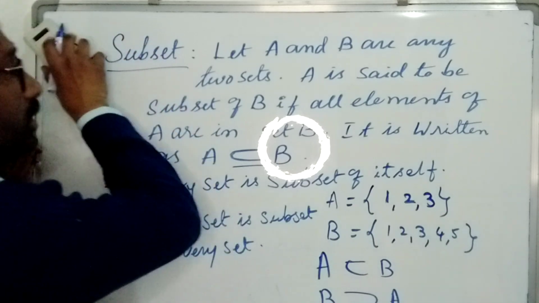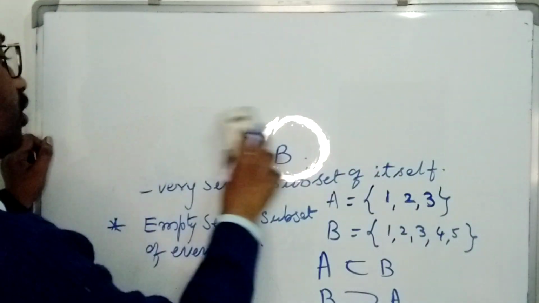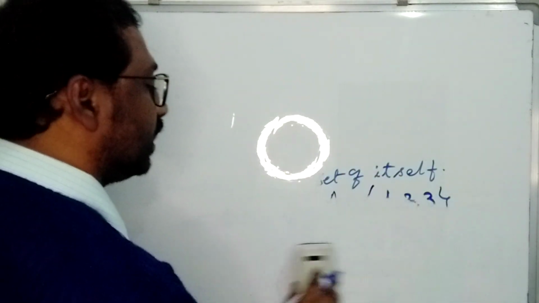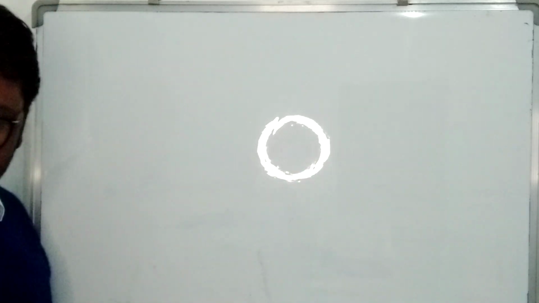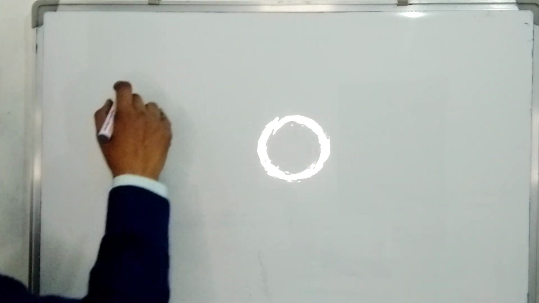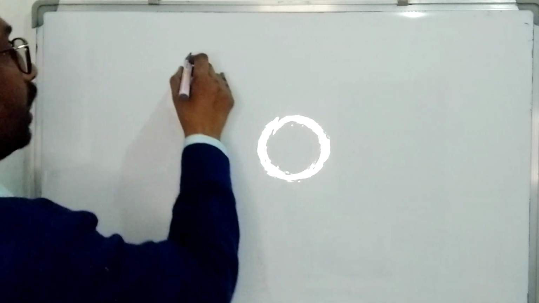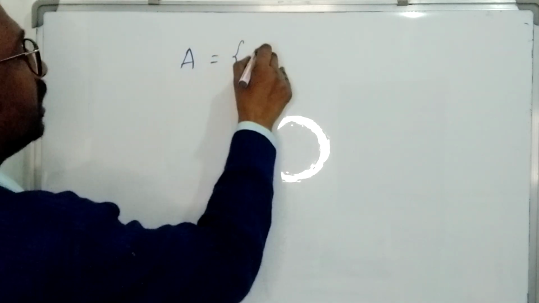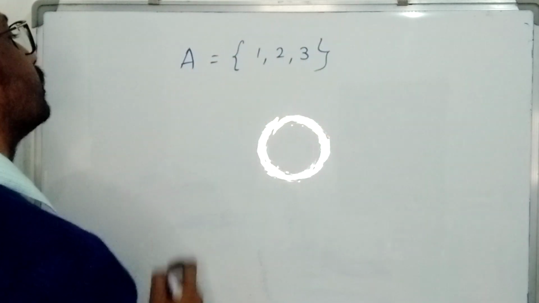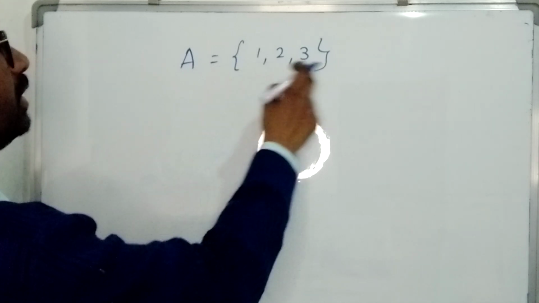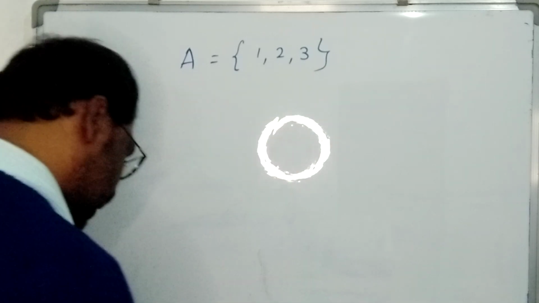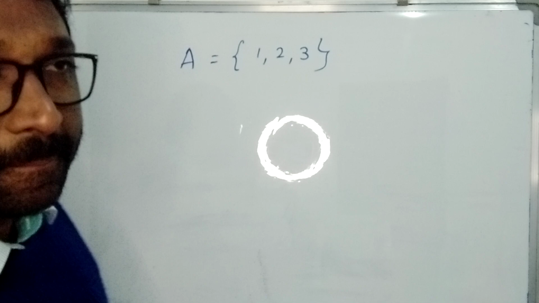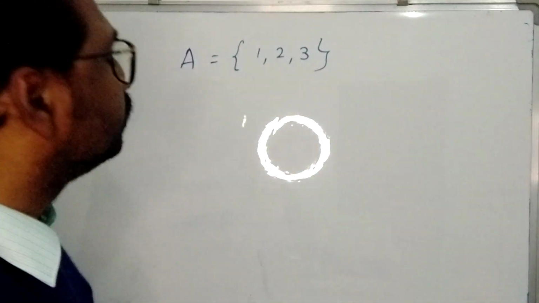Next, how many subsets can we write for a given set? That we will discuss now. For example, A equal to the set of 1, 2, 3. So it has 3 elements. How to write the subsets of this given set? It's very simple.